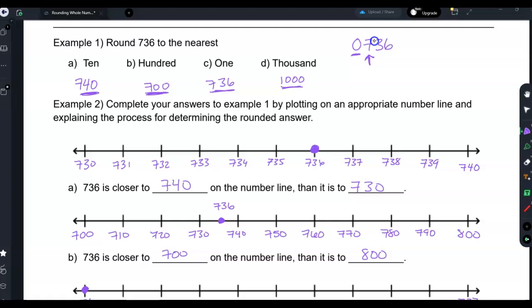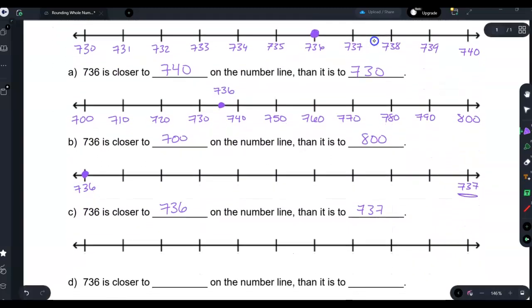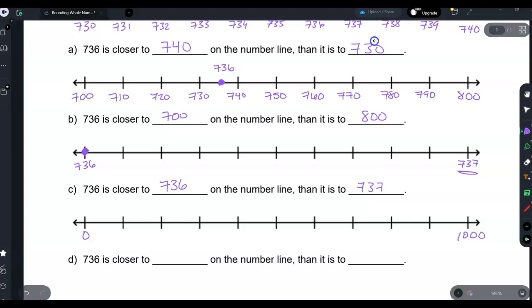So the two thousands that this is in between would be 1,000 and 0,000, or in other words, 0. So those are the two thousands that this is in between, 0 and 1,000.